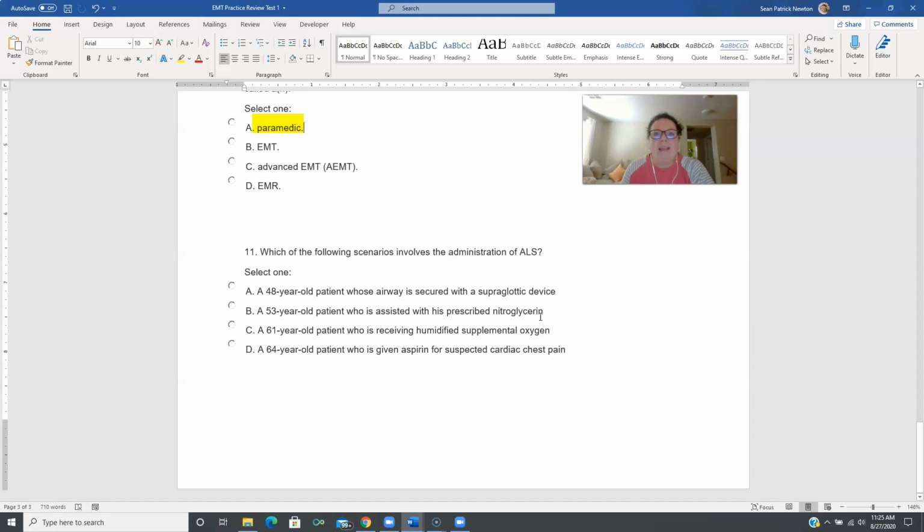Providing supplemental oxygen, either with nasal prongs or mask, humidified or not, is in the scope of practice of an EMT. 64-year-old patient who is given aspirin for suspected cardiac chest pain. Giving aspirin to patients if you suspect they have chest pain of cardiac origin is also in the scope of practice of an EMT. So the correct answer here is A.